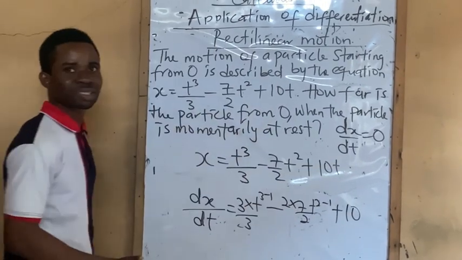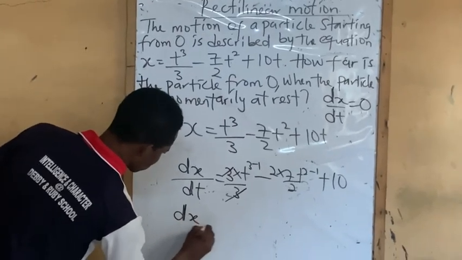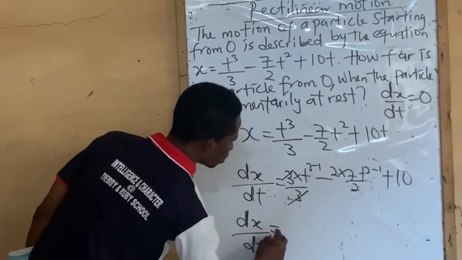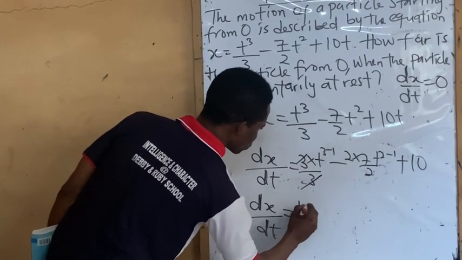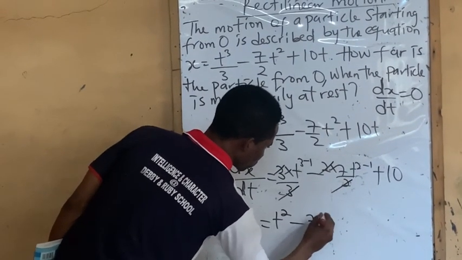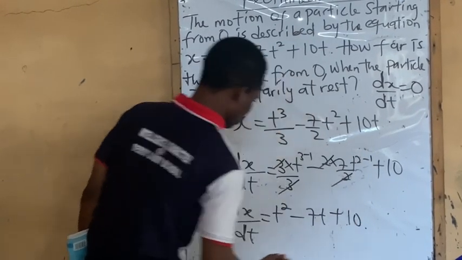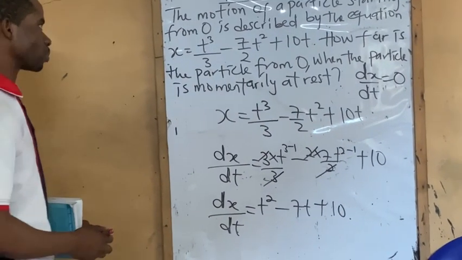The dimension of 10t is 10. So this will cancel this, and ds/dt is t squared minus 7t plus 10.